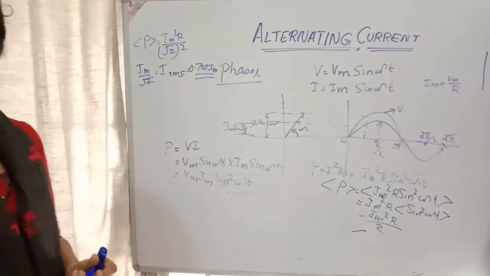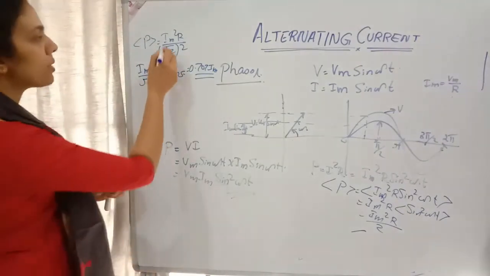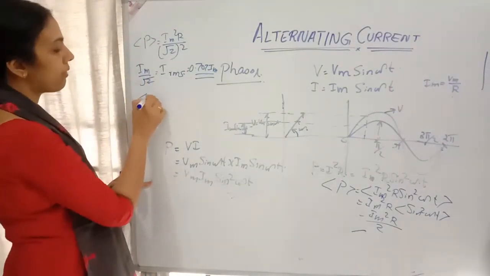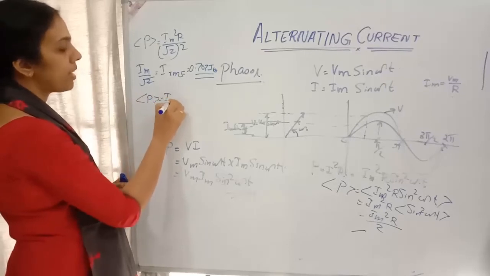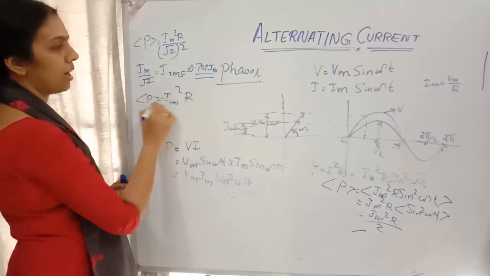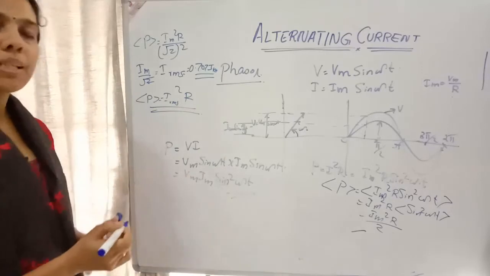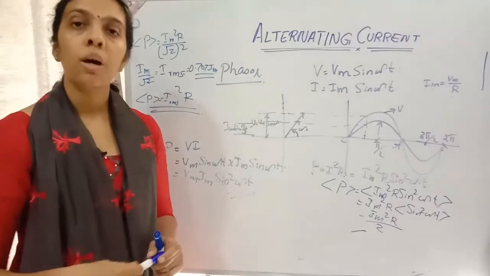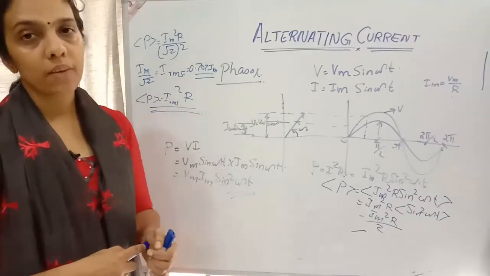So in terms of IRMS, when we write the average power, P equals IRMS square into R. The RMS value of current will be equal to 0.707 Im.